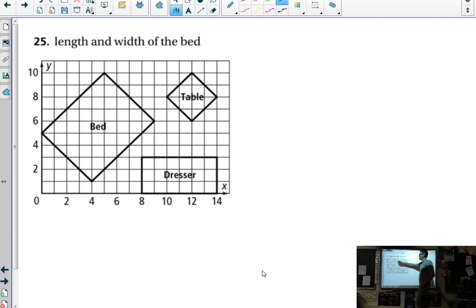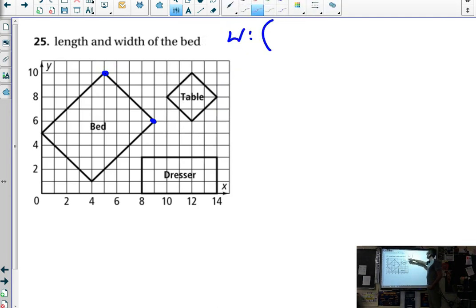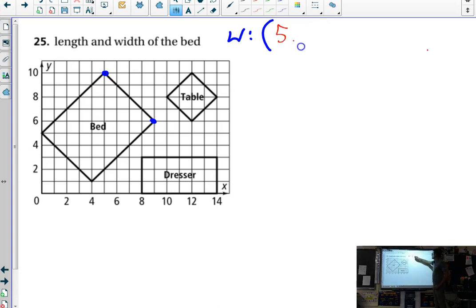So let's just pick 2 points. So if I want to talk about the width, that uses points 5, 10, and 9, 6.